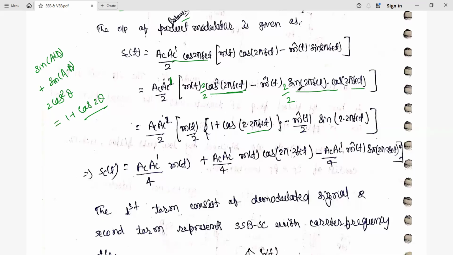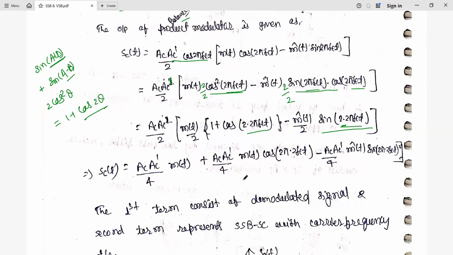So finally, what will happen here? 2 pi fct and 2 pi fct are being added, so we'll have 4 pi fct, and the other is cancelled. So sine 0 value is what? 0. That's why only one term we are getting here, sine 4 pi fct.